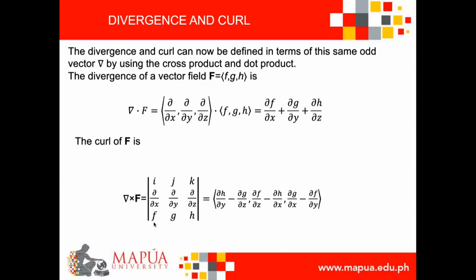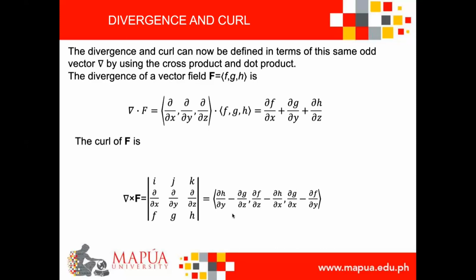And the last row, we have the functions which are the components of your vector field F, which are f, g, h. And if we are going to perform the basket method, we can add two columns in this matrix and perform the basket multiplication.